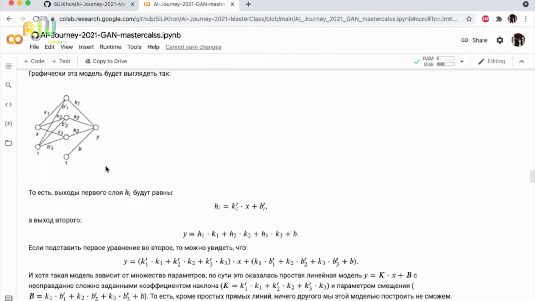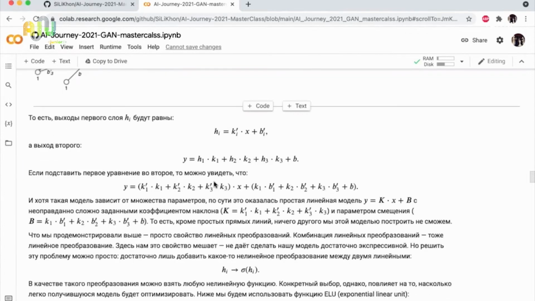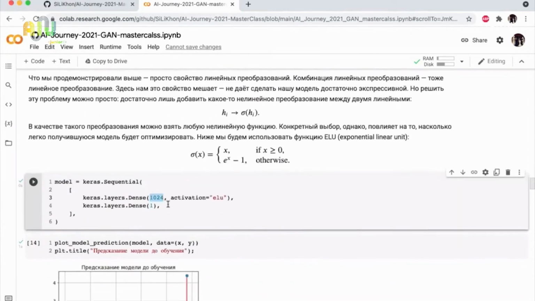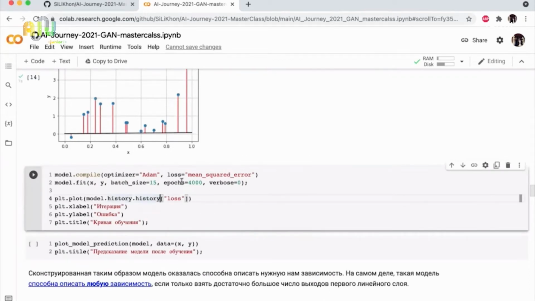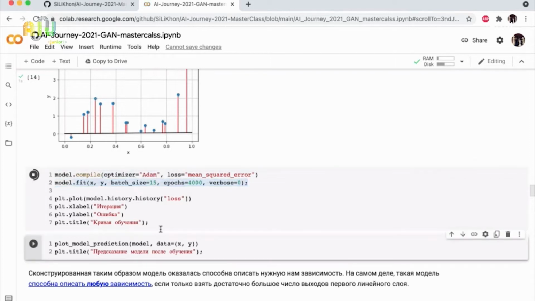Actually, the more dots you add, the easier it is to find a good transformation. So that's why I put a big number. Also, there is code you probably know where you set the optimizing algorithm and the loss function, and we train our model. We build the training curve for this model.